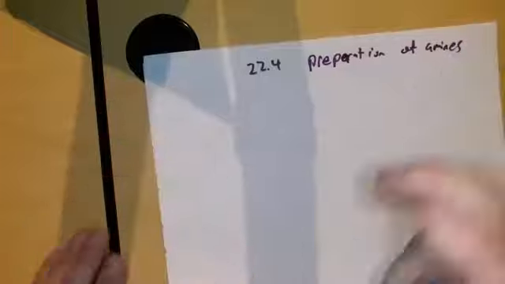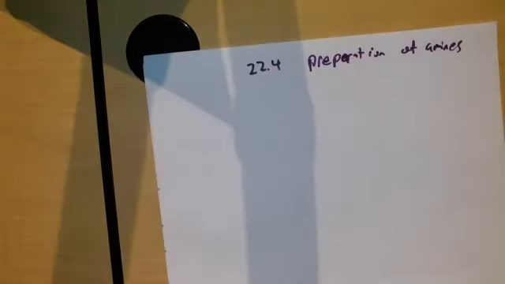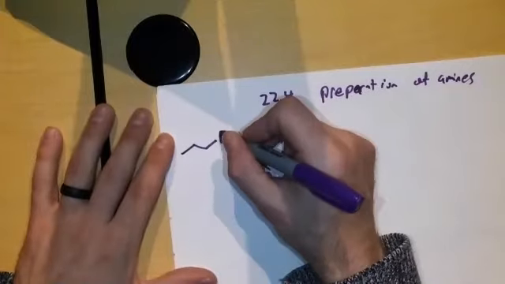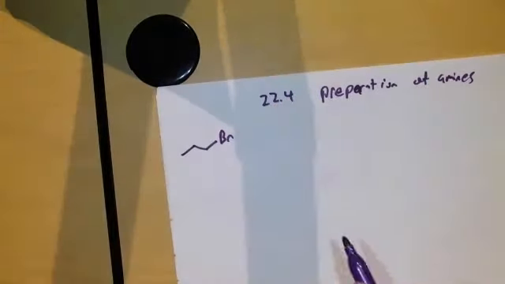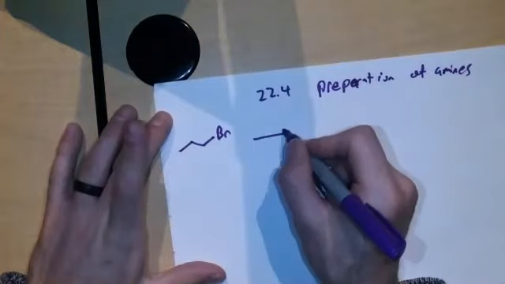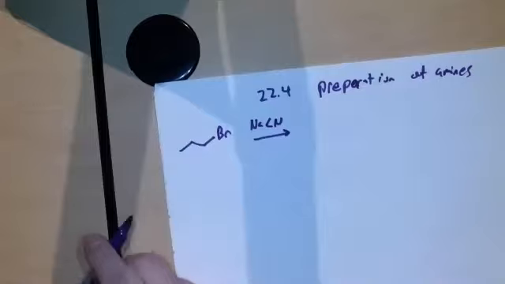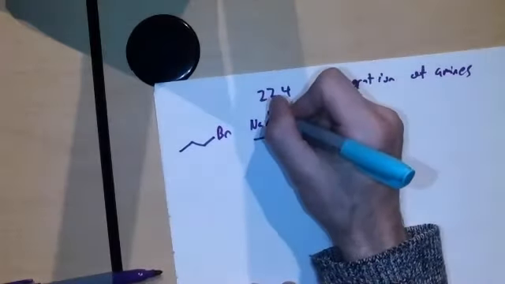So you guys already know how to make amines. Most of this will be reviewed today. We take an alkyl, so this bromopropane here. We throw in NaCN. It's going to do an SN2.